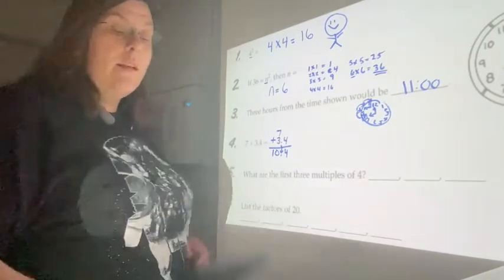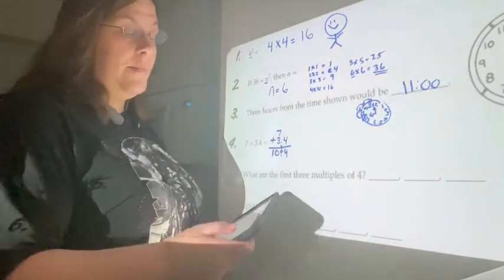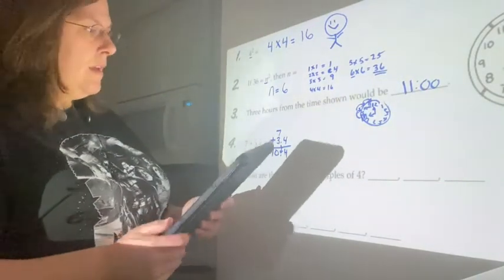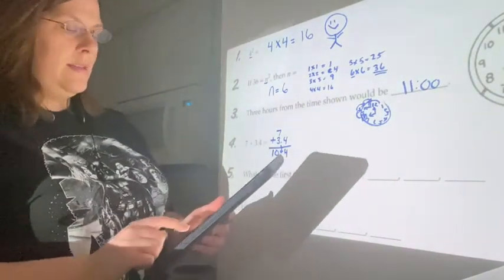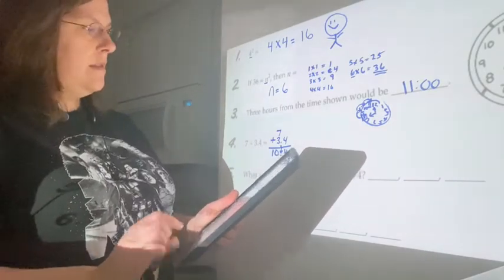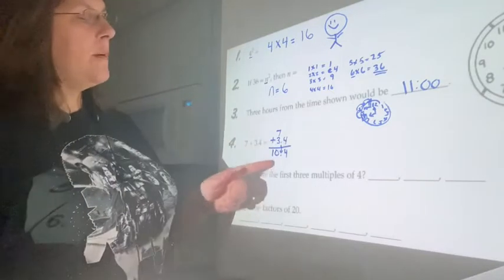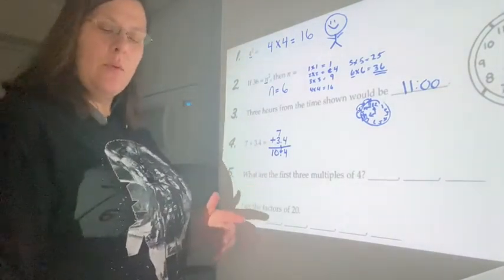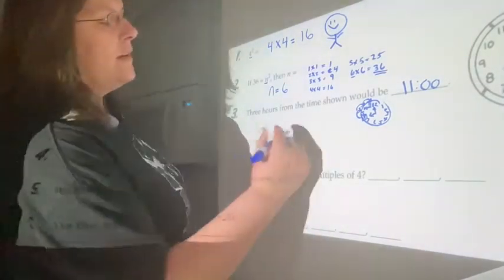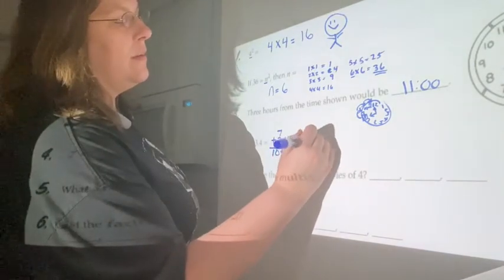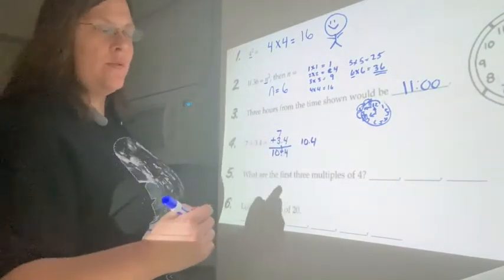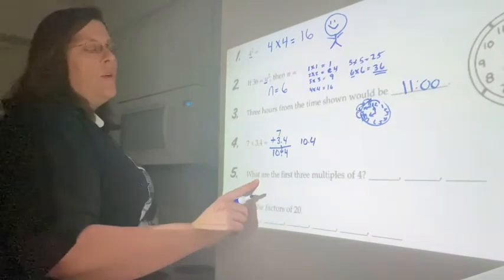If you don't check it, you're at fault for being wrong, not me. So let's go ahead and give it a shot. We're going to go with 7 plus 3.4 equals 10.4. That is success, people. That is success. So our answer is 10.4. Beautiful.